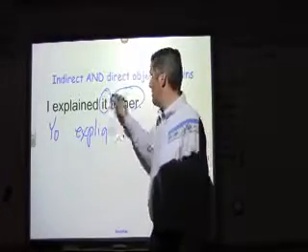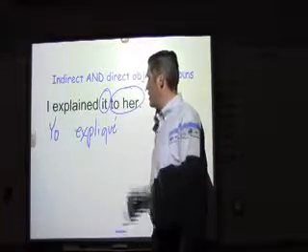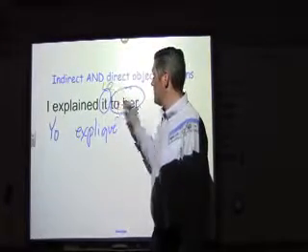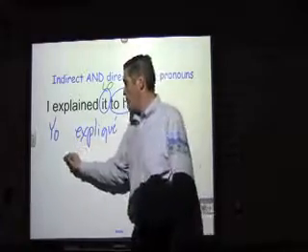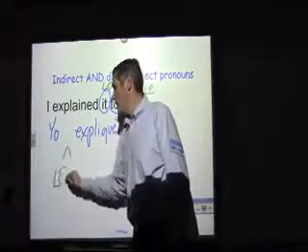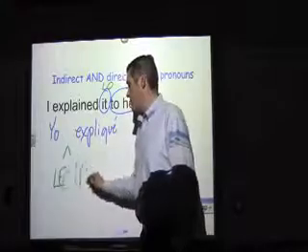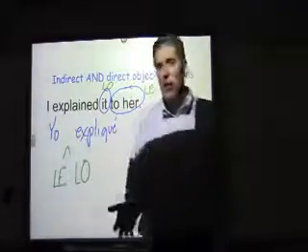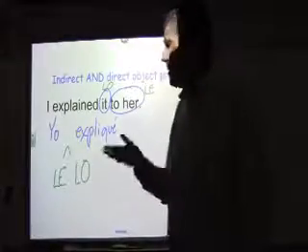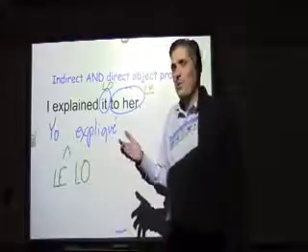Let's call the it a lo. To her will be le. And we remember that it goes the indirect first and then the direct. Yo le lo expliqué.